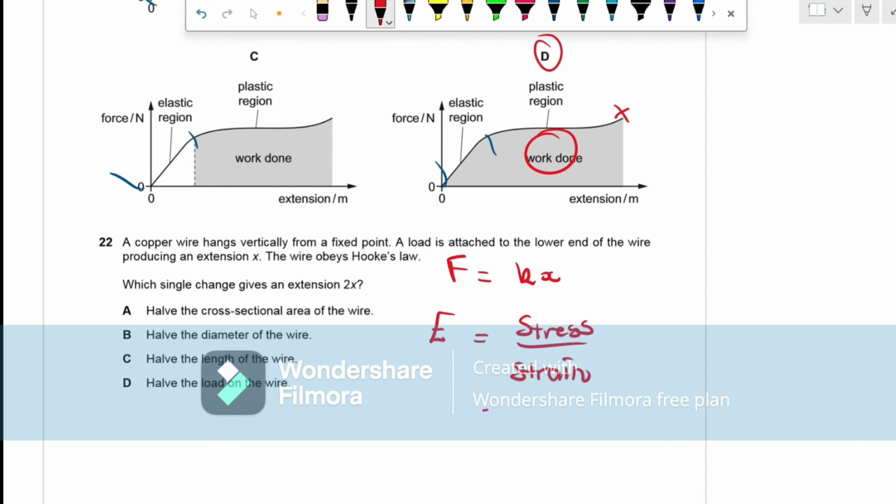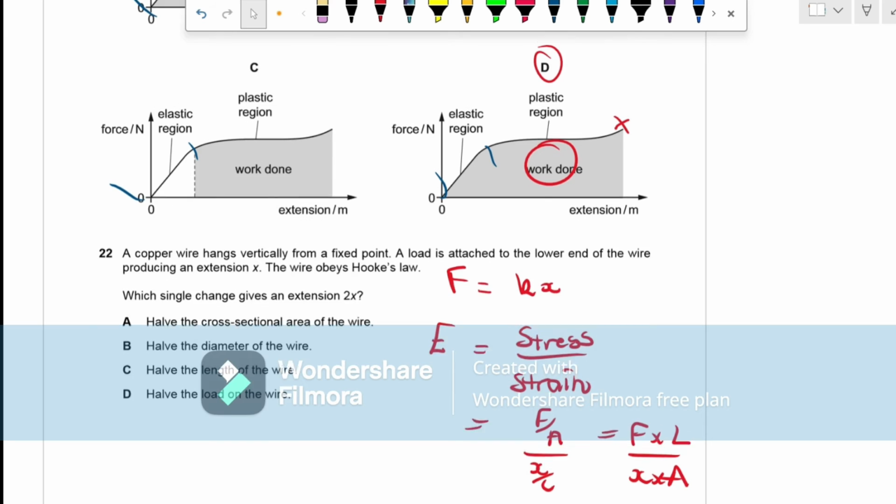Stress is the force per unit cross-sectional area. Strain is the extension per unit original length. So I'm going to have F times L divided by X times A being equivalent to my E. That's very important.